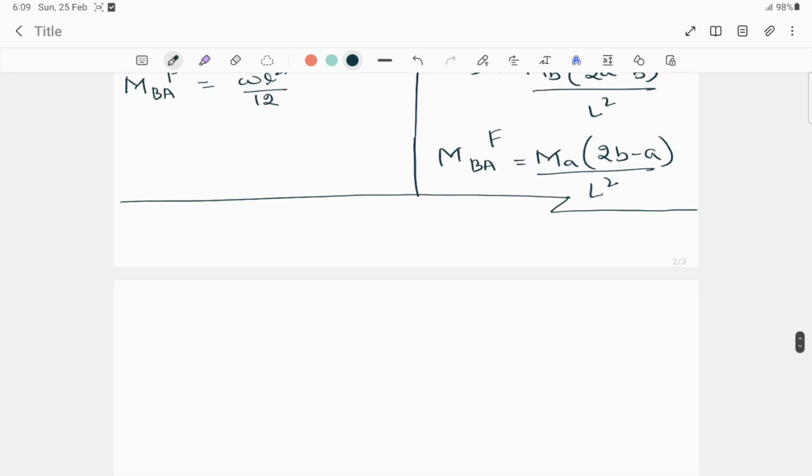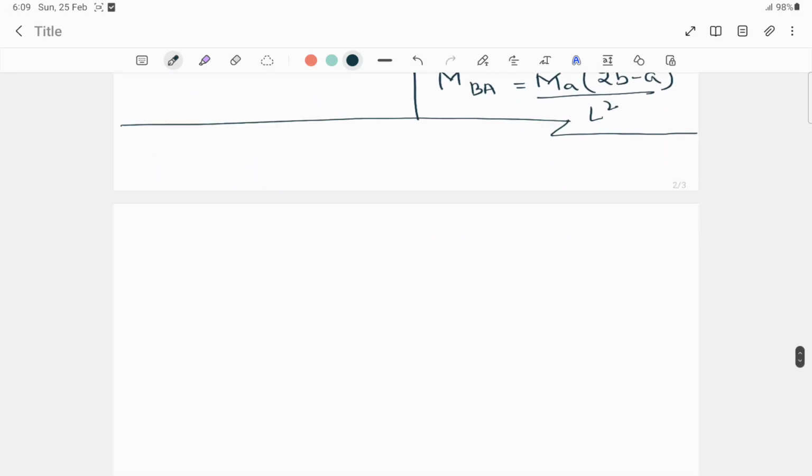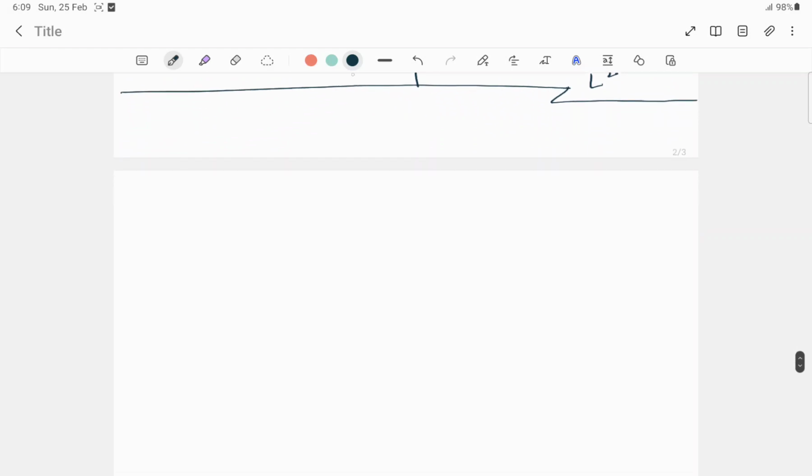Now I'll write down some of the steps of SDM. SDM is nothing but the slope deflection method. Here I'll write down the steps to be followed in the slope deflection method.